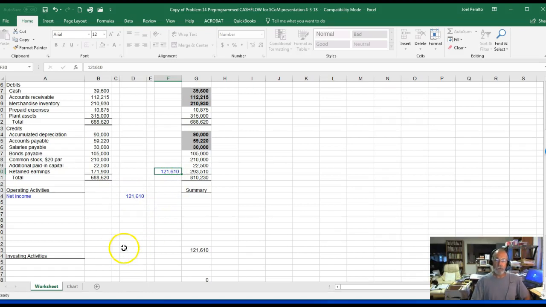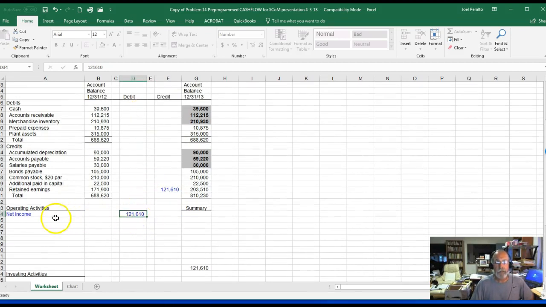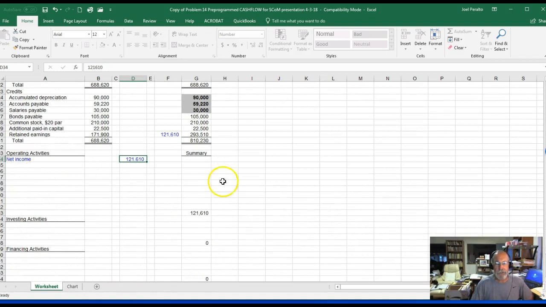And so on our worksheet, we show net income as a credit on the retained earnings line, and we also show it as a debit under the operating activities of our cash flow section of our worksheet.